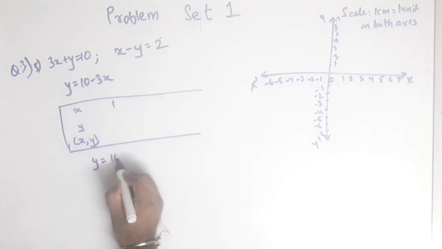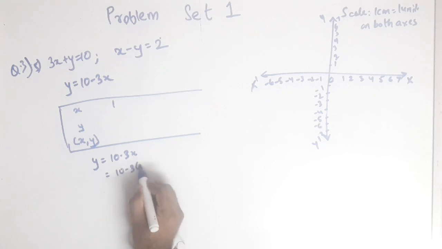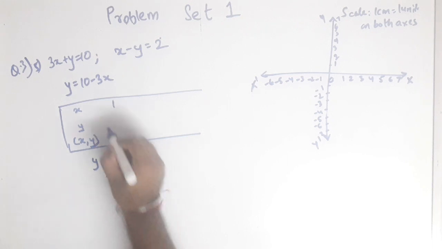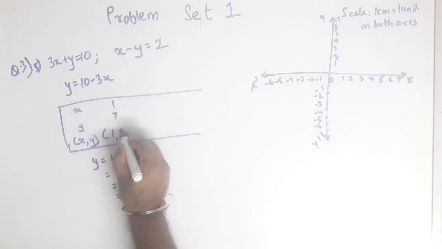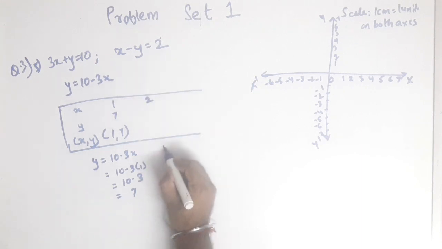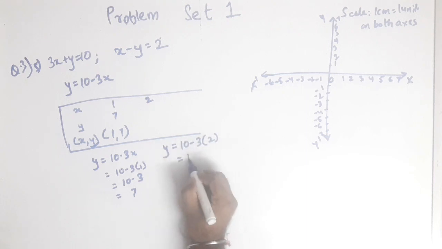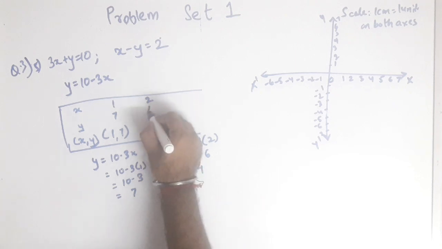y is equal to 10 minus 3x. It is 10 minus 3 into 1, which is 10 minus 3, that is 7. So we got 1 comma 7. If I take this say 2, y is equal to 10 minus 3x, or 10 minus 6, so y will become 4.